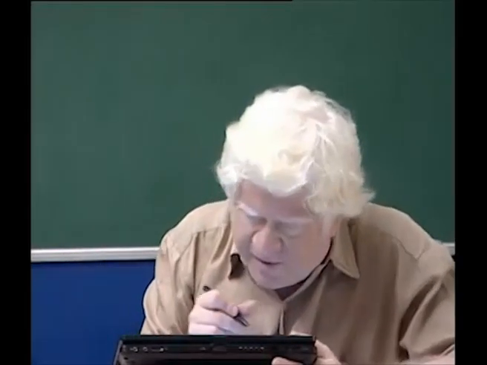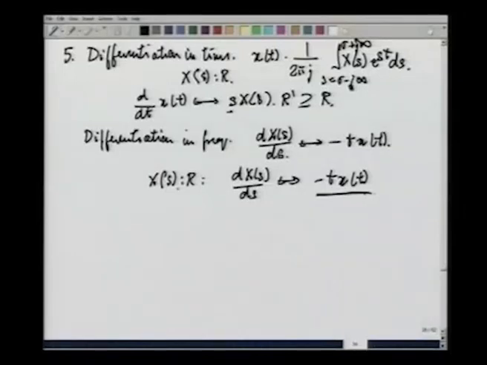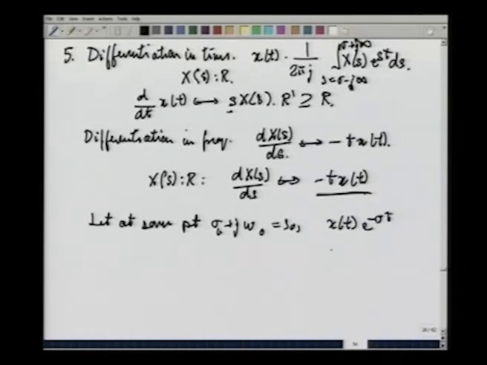So, let us say at some point sigma naught plus j omega naught equal to s naught, x(t) e to the minus sigma t is absolutely integrable.